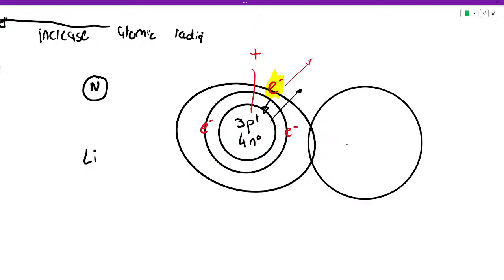Let's say you have a pack of lithium in your battery, and you have another one here. The problem is that the outer energy level overlaps. So not only is this one weak, this one overlaps. So now it can easily jump between the two. And because it's jumping from one atom to the next atom, it no longer belongs to an atom. Therefore, we say it's delocalized.